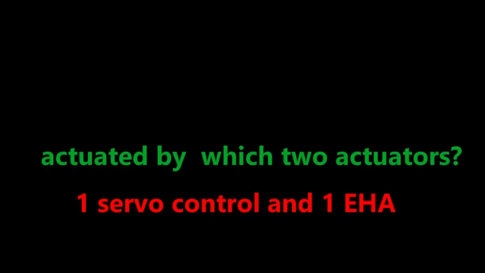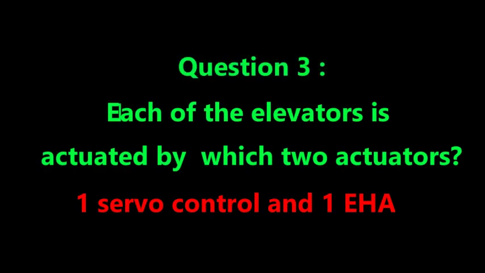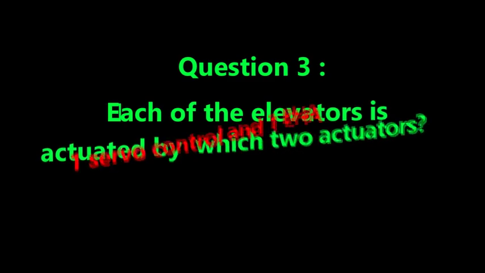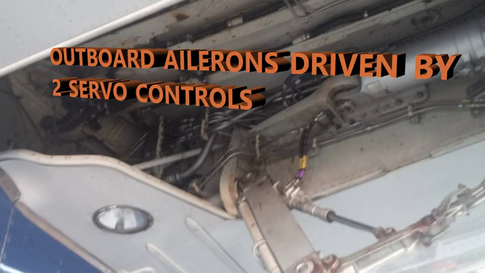Your conventional servo control is in active mode for the elevator. And then you have also your outboard aileron that's driven by 2 conventional servo controls. So elevator control is done by one servo control, and then you have the ailerons that are controlled by 2 conventional servo controls. Okay, those are going to be in active mode.